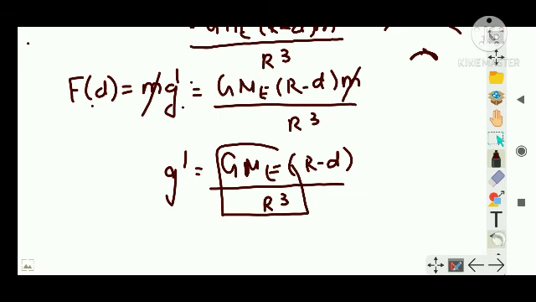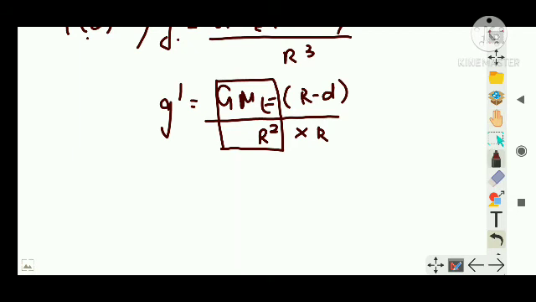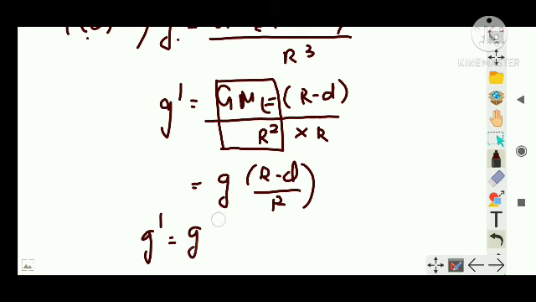I can write this as r squared into r, right? So G Me by r squared, that is acceleration due to gravity on the surface of earth, which is g into (r minus d) by r. I can rearrange and make it 1 minus d by r.